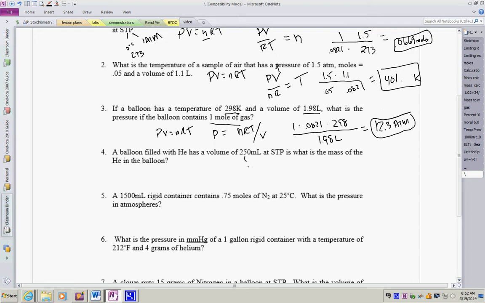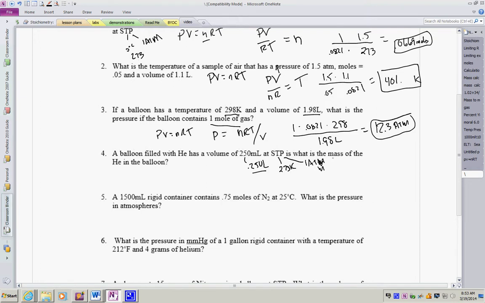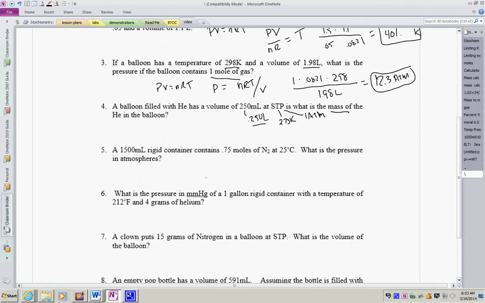A balloon filled with helium has a volume of 250 milliliters, which is 0.250 liters. STP stands for 273 Kelvin and 1 atm. All right, so what is the mass of the helium? In our formula, PV equals nRT, you don't have mass here, but n moles can get converted to mass with the molar mass of helium.